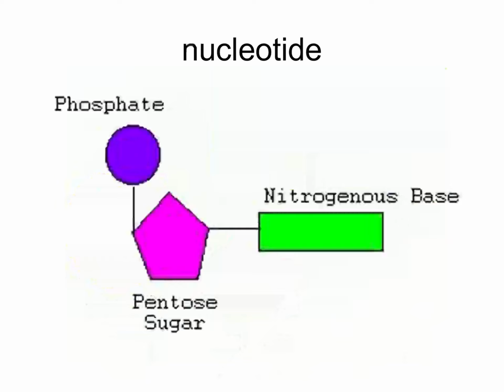You just need to draw something simple like this. And this is a basic nucleotide, and we've just got a pentose sugar here. So this would obviously be deoxyribose if it were a DNA nucleotide, or it would be ribose if it were an RNA nucleotide.